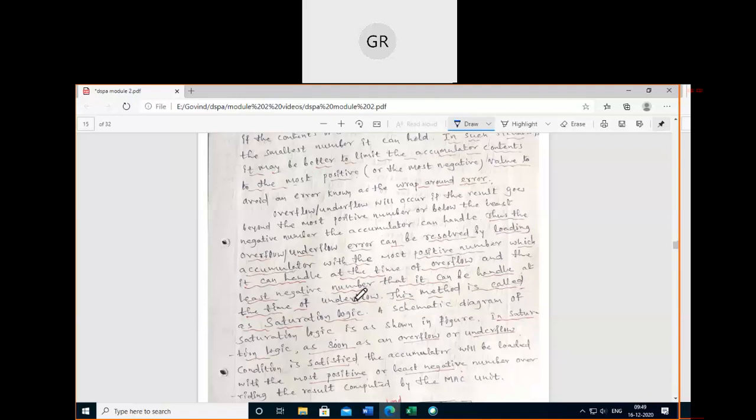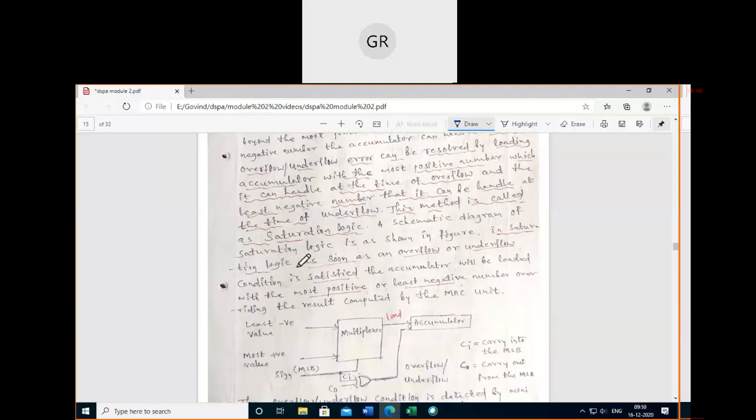A schematic diagram of saturation logic is shown in the figure.